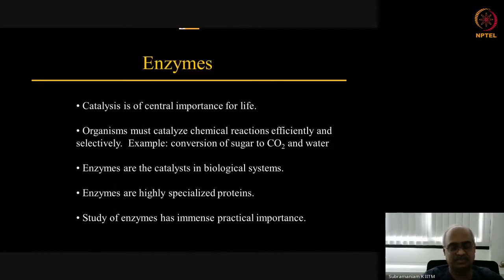Enzymes are very specific. If an enzyme is going to phosphorylate glucose at the 6th position, it is not going to do that for the 6th position of fructose or galactose. Okay, very closely related other monosaccharides. Enzymes are the catalysts. So this we have already stated multiple times, and they are highly specialized proteins. Okay, that's an important thing.